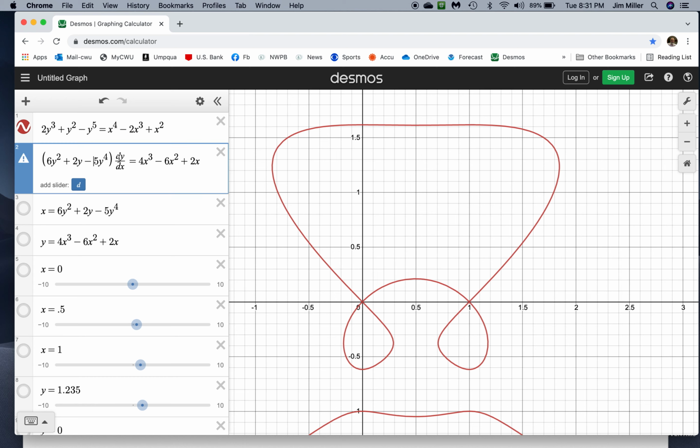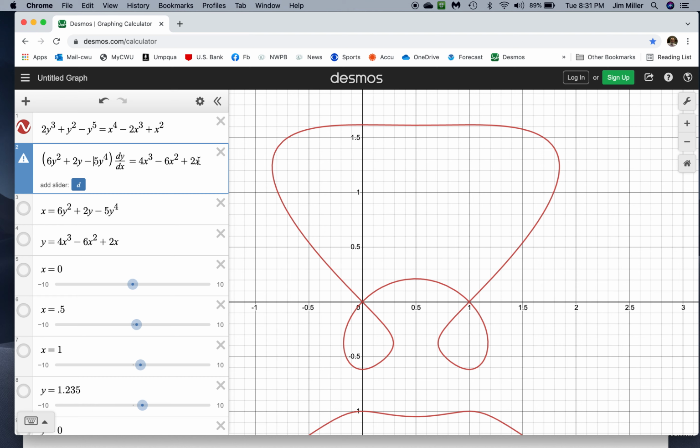Then to finish solving for dy/dx, I would divide over here. This is the derivative of this part. So if I divide this over underneath this, I would have a numerator that's this expression, all in x, and a denominator that's all this, an expression in y.